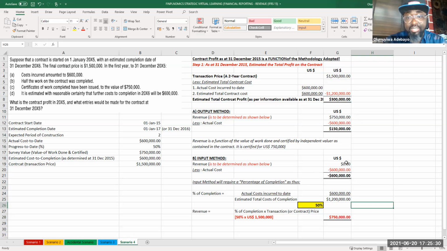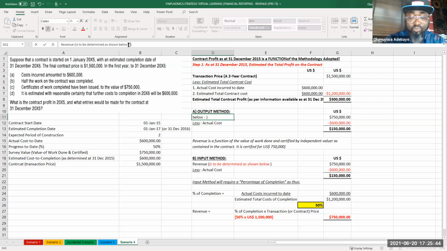Okay, and from there, I can link my 750 to this. Take notes. Let me reference it. Note 1.